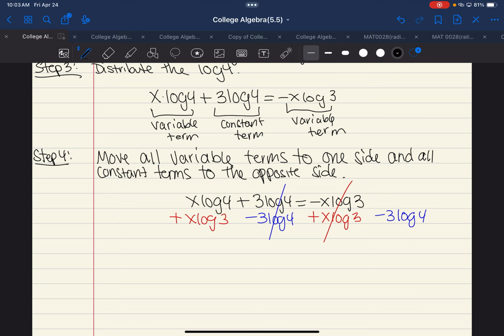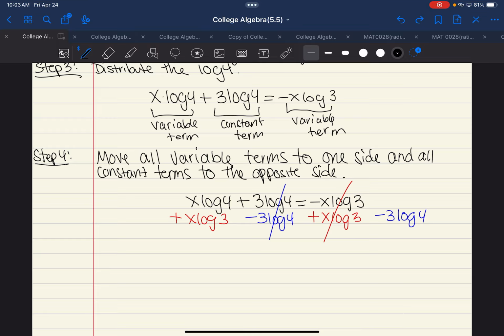So what this will leave me with, you don't want to try to combine these like terms, even though technically they are like terms. We're not going to combine them, because I don't know what log of 4 or log of 3 is yet. I could figure it out on my calculator and get a decimal, but I don't want to write them in decimal form until the very end.